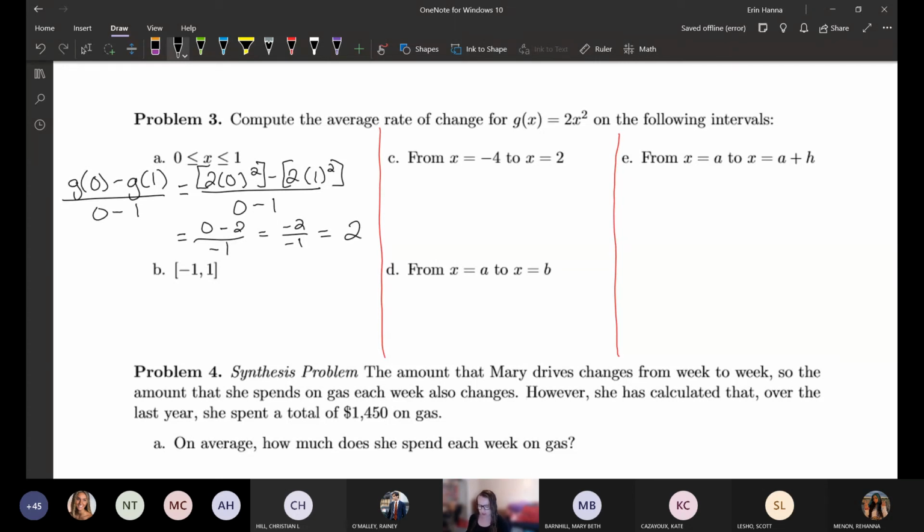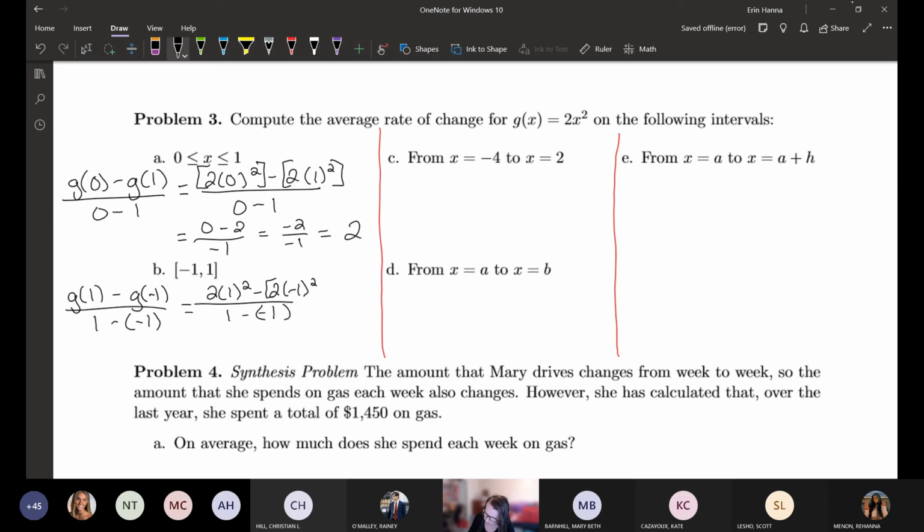If we do the next one, we have an interval from negative 1 to 1 in interval notation, which is essentially just saying go back to negative 1 and go all the way up to positive 1. This time I'll actually put the larger input first. Again, it does not matter which way you put it, as long as you're consistent. So we have 2 times 1 squared minus 2 times negative 1 squared all over 1 minus negative 1.